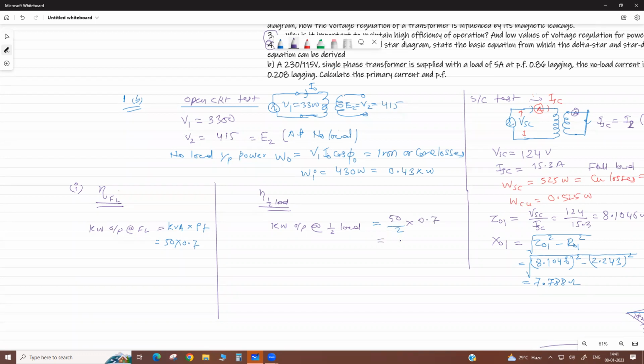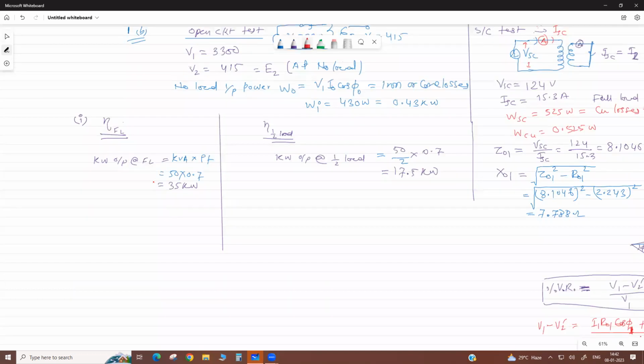Now see, 50 into 0.7 is 35 kilowatt power output at full load. Here it is 17.5 kilowatt at half load.